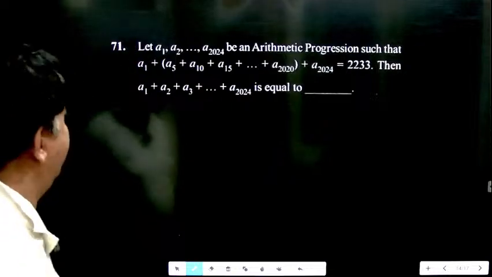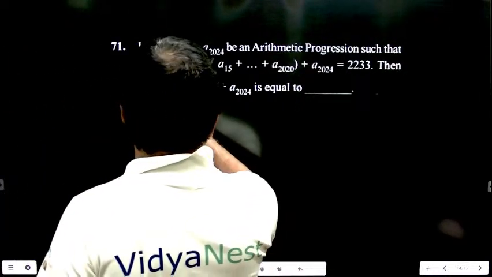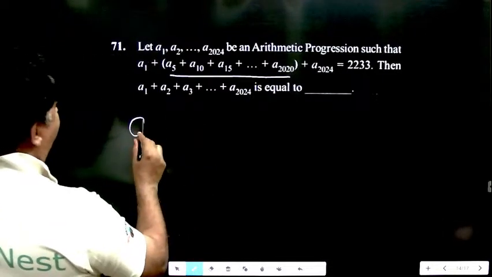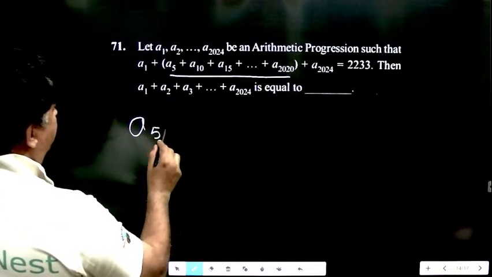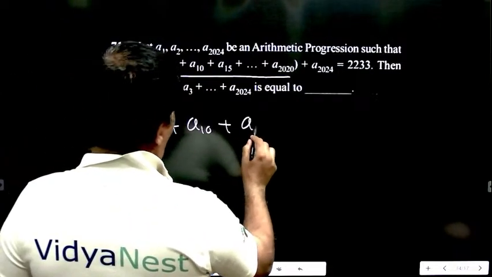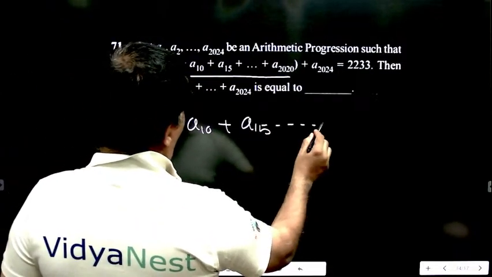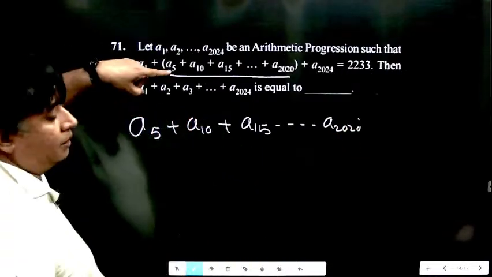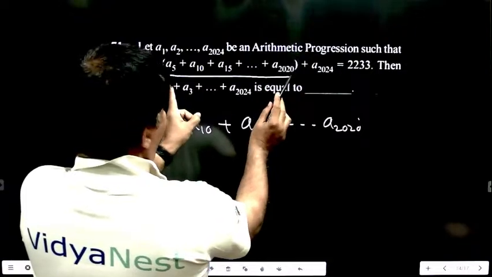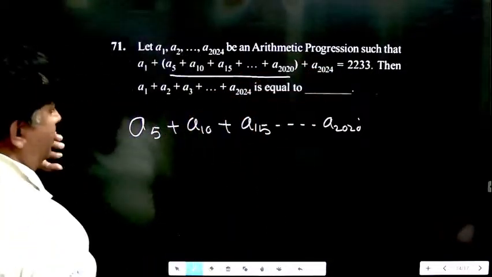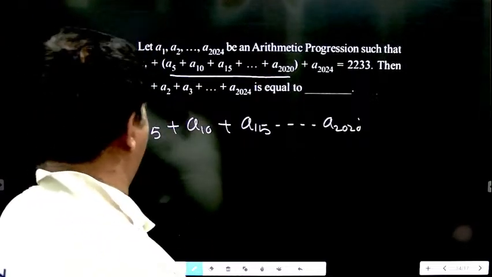Okay, sir. First, we'll take this series A5, A10, A15 up to A2020. That means the terms confined in the inner brackets, which are part of this series, and let us find its summation.